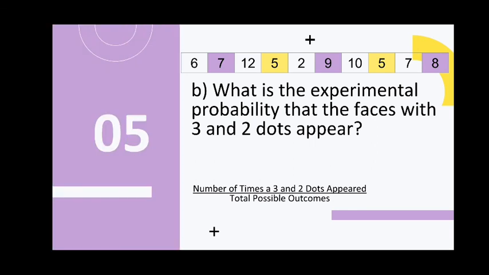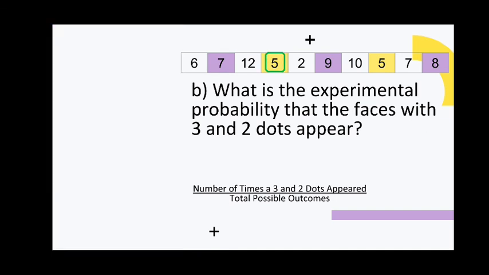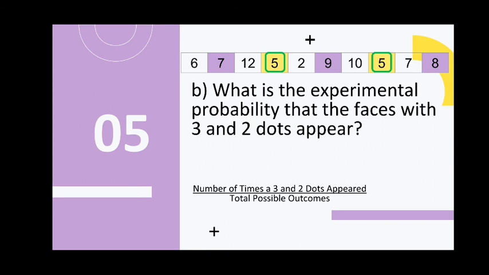So titingnan natin dito sa given numbers kung ilan ba ang 5 dito. Now let's count. 1, 2. Ibig sabihin, there are 2 number of times a 3 and 2 dots appeared out of 10 total possible outcomes.